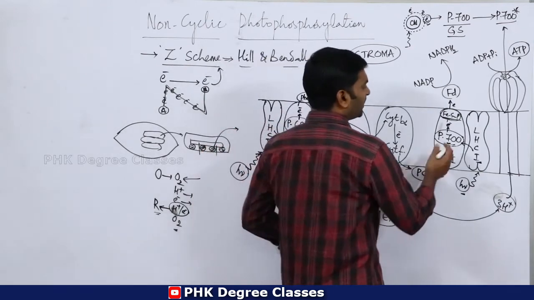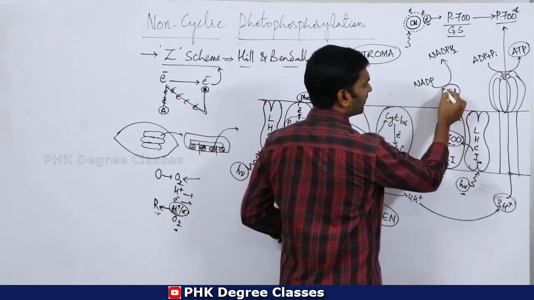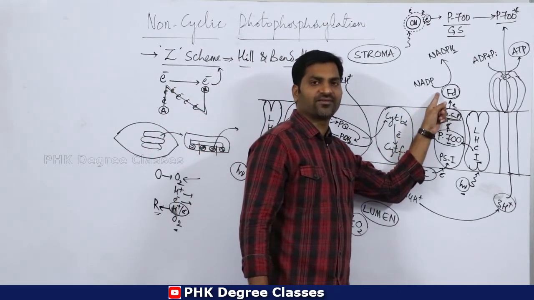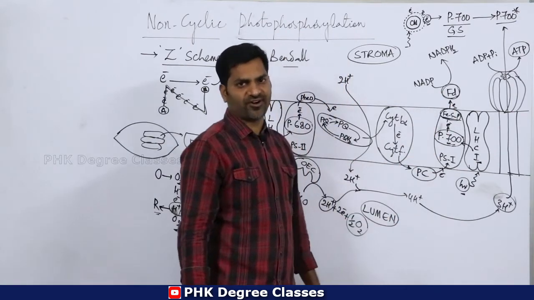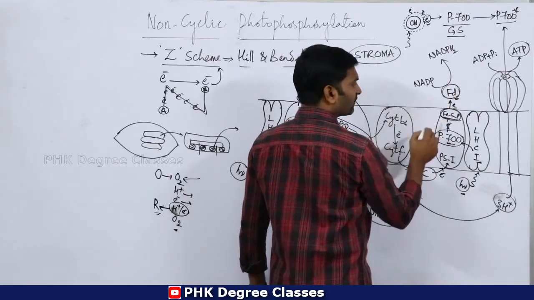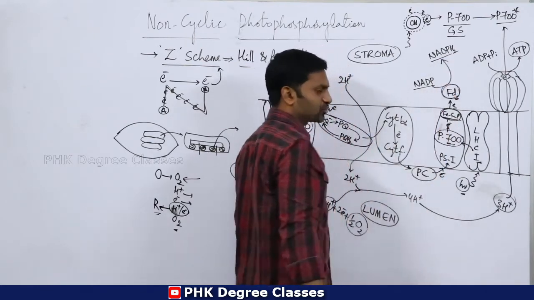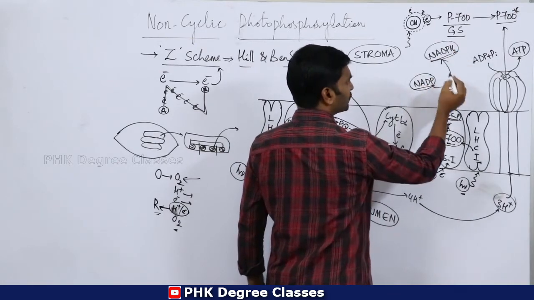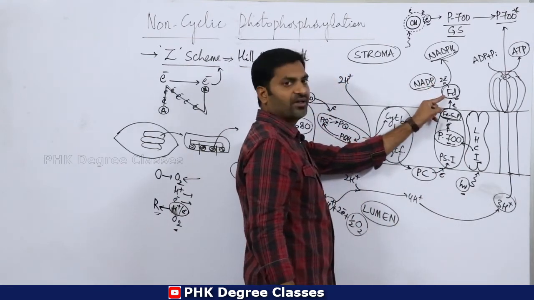Then this iron sulfur protein again loses the electron. These electrons finally reach ferredoxin. So this is the end receiver of electrons in PS1, that is photosystem 1. Now this ferredoxin is involved in the conversion of NADP to NADPH2. Whenever NADP is converted into NADPH2, two electrons are donated from ferredoxin.